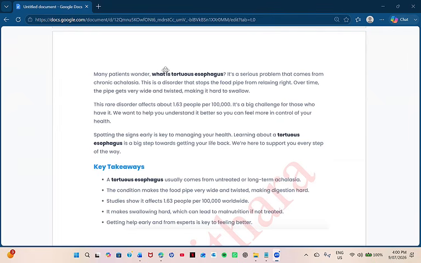What do you know about this tortuous esophagus?